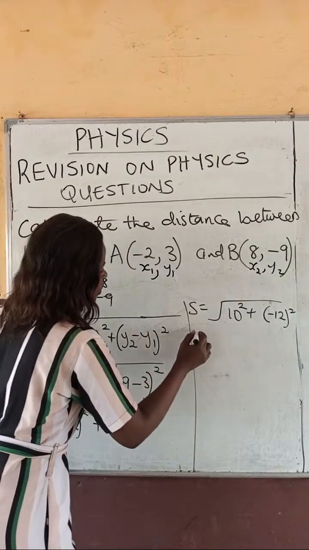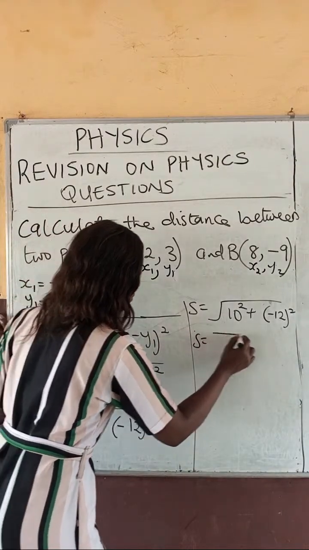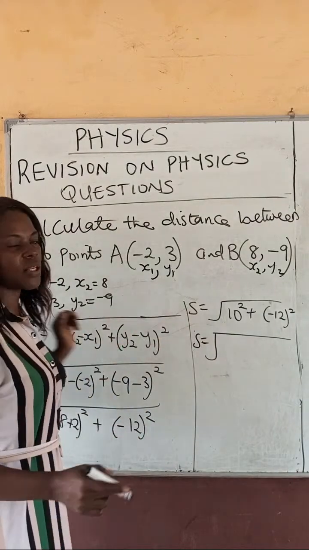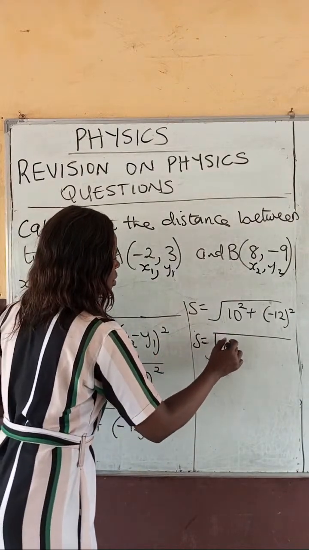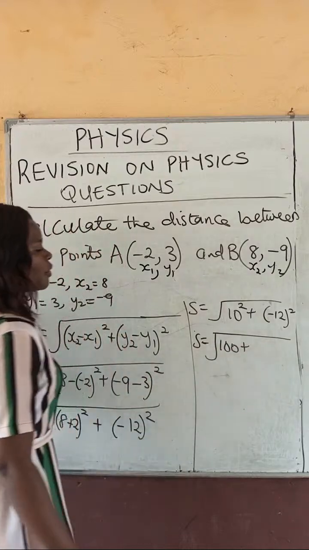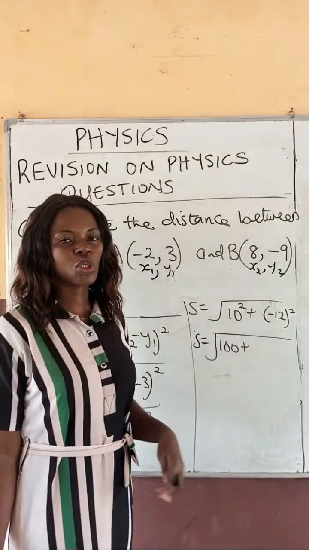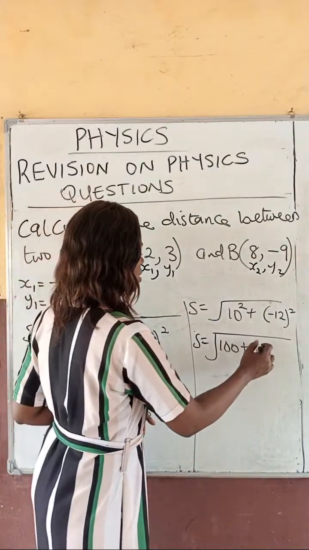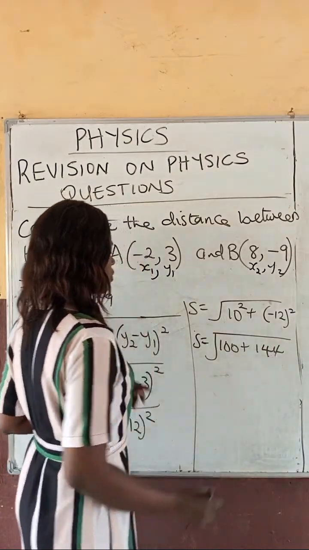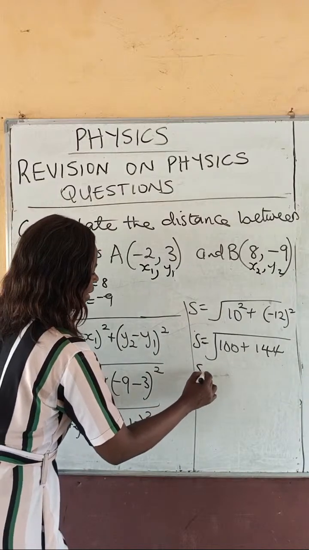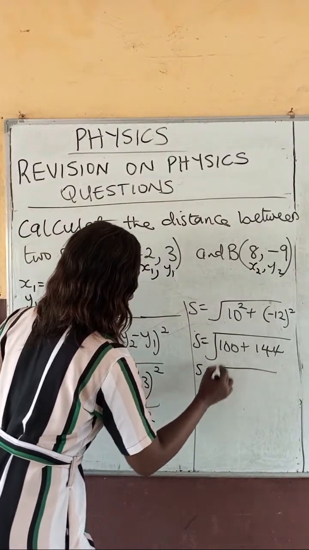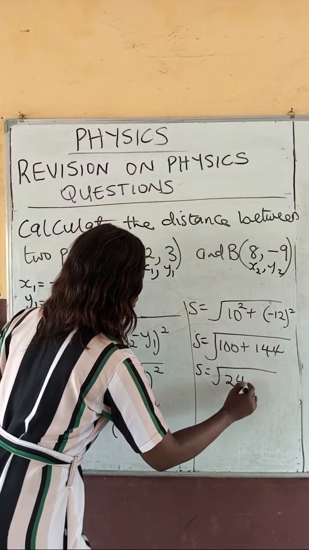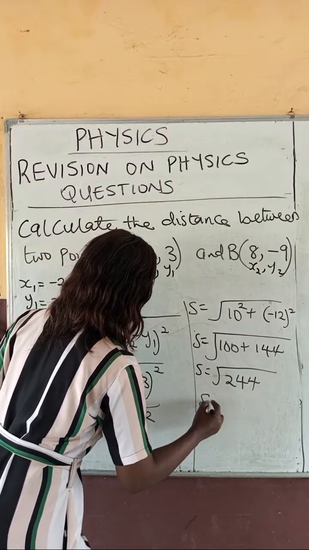So d is equal to, when you square 10, it gives 100, right? When you square a negative number, it turns positive, so the square of 12 is 144. By the time I add them together, I have 244.